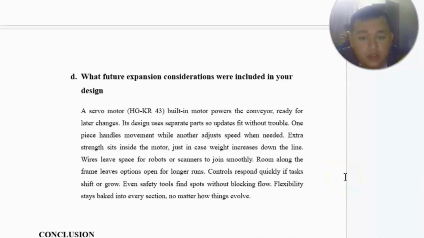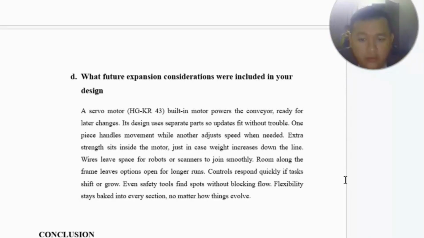D. What future expansion was considered in your design? A servo motor HG-KR 43 has built-in motor power, and the conveyor is ready for later change. The design uses separate parts so updates fit without trouble. One piece handles movement while another adjusts speed when needed. Extra strength sits inside the motor just in case weight increases down the line.